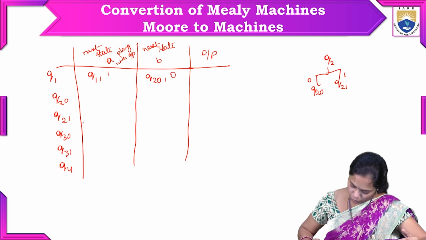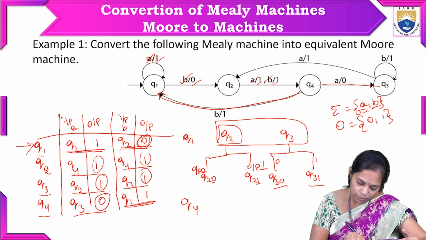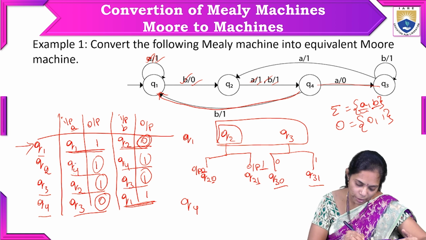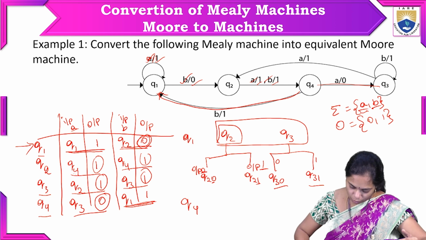From Q2 0, with A as an input, it is going to Q4.